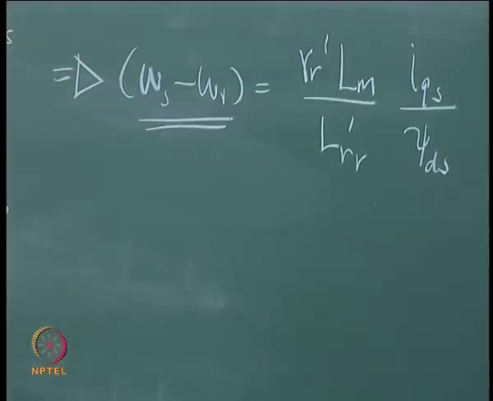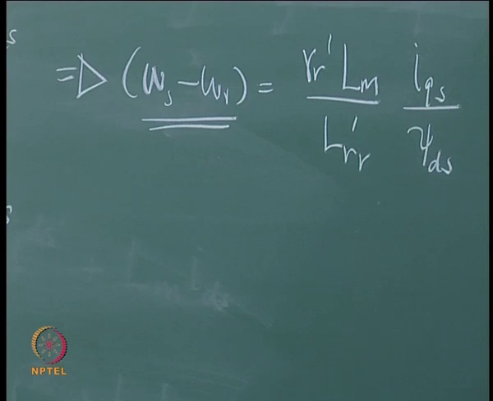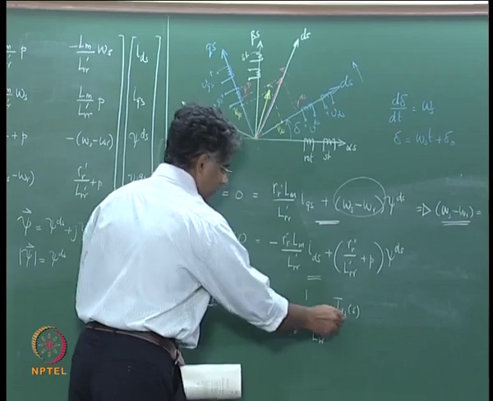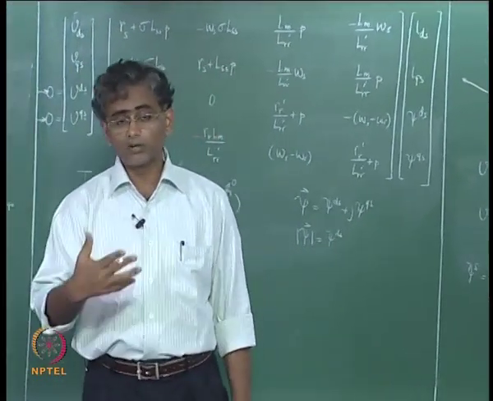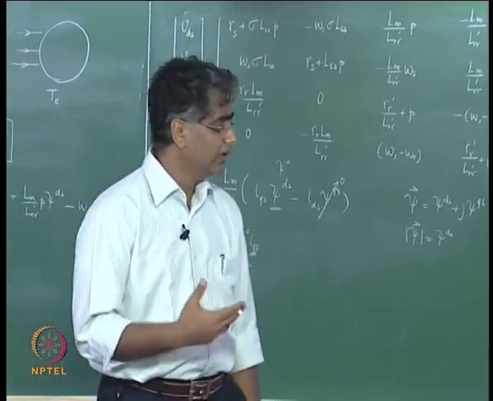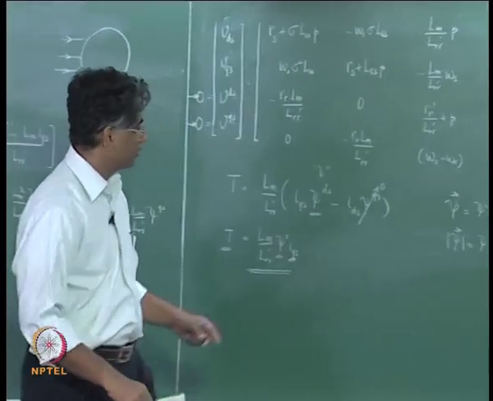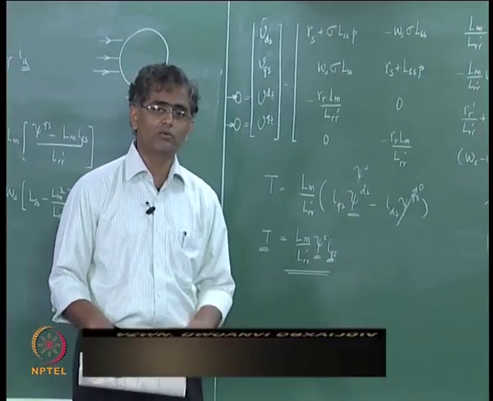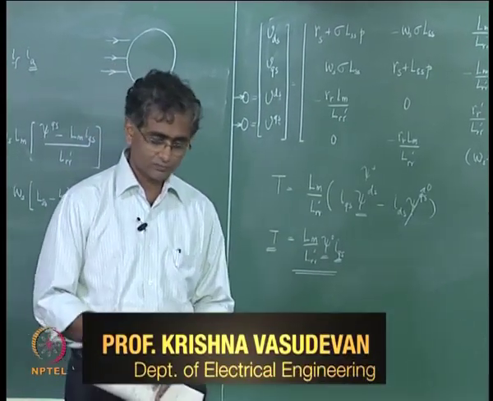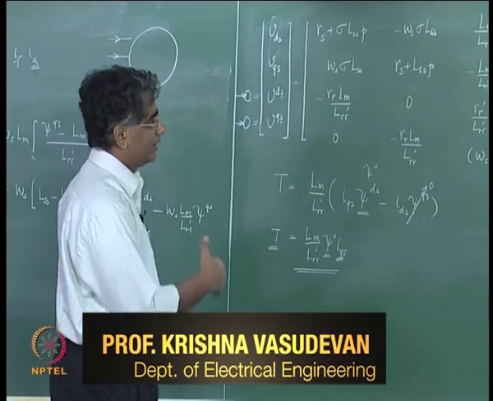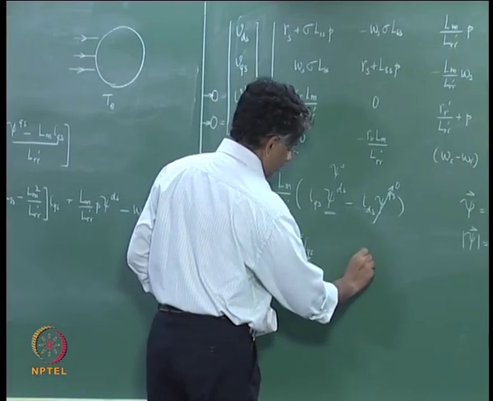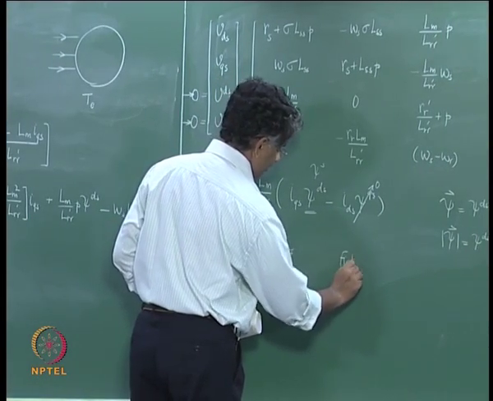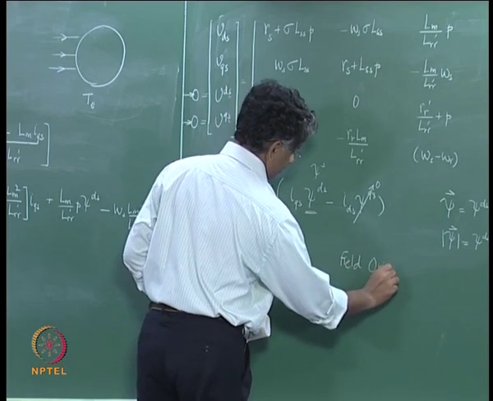If you have a machine where you can directly give as an input IDS and IQS, these equations say that in this particular reference frame, it should be feasible to control the induction machine just like you control a DC machine. Incidentally, this forms the basis of what is called field oriented control of induction machines.